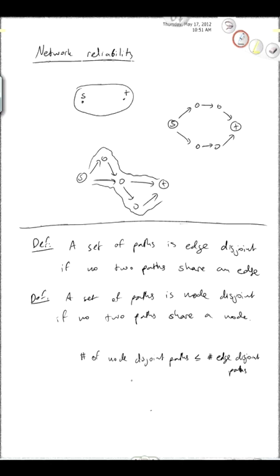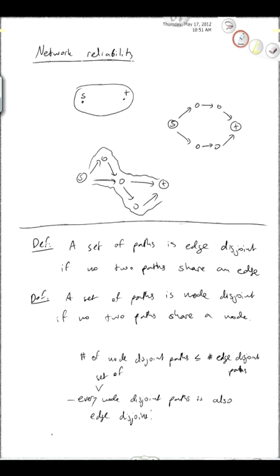Another way to see this is that every set of node disjoint paths is also edge disjoint.